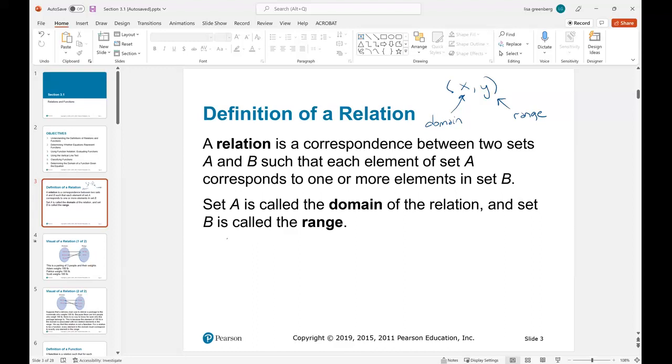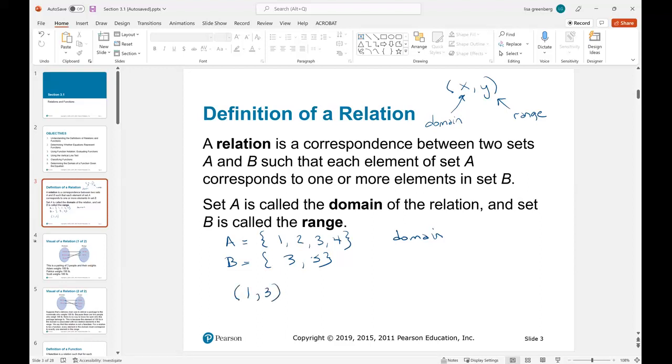a set A where the numbers are 1, 2, 3, and 4, and we'll call this the domain, and set B, 3, 5. Well, how these two sets relate to each other is by ordered pairs. So I could say, well, let's take 1 and 3.